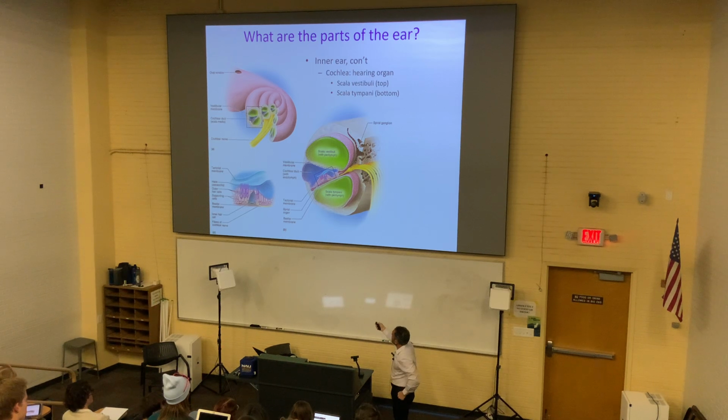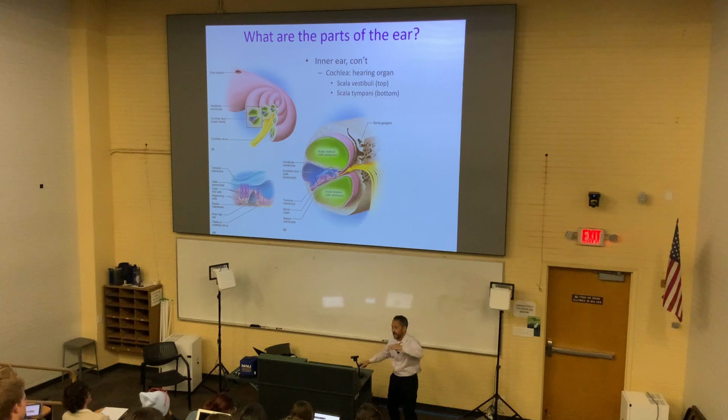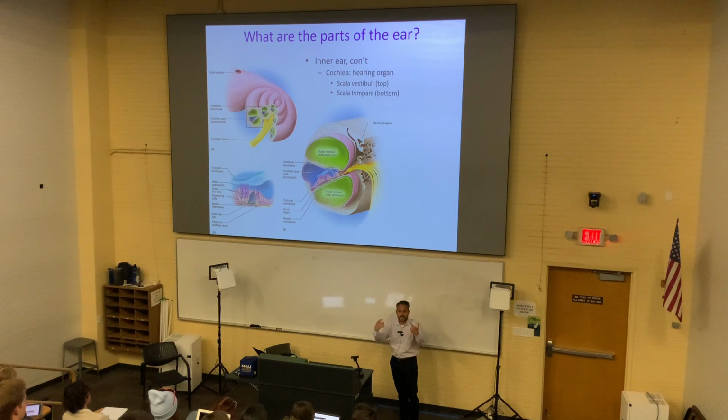Those ripples flow through these different chambers, moving the tectorial membrane, right? That's like the raft sitting on top of the pool. And when it moves, the hair cells detect it, and they transmit the signal of mechanosensation. So you're literally mechanically detecting the sound.